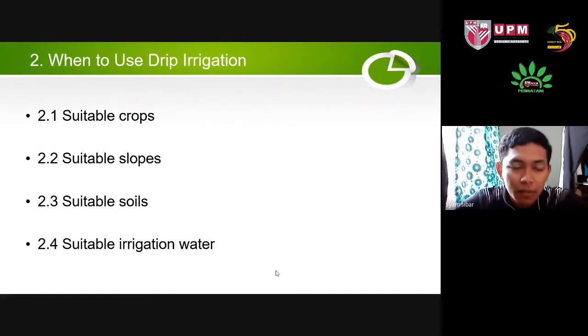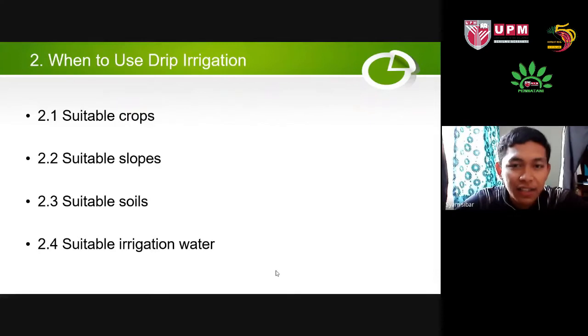But generally the suitable crops that we need to use drip irrigation on are high value crops, because we will use very high cost when using the drip irrigation.